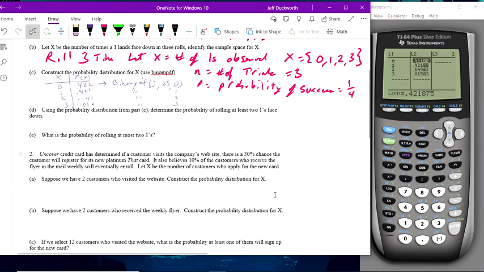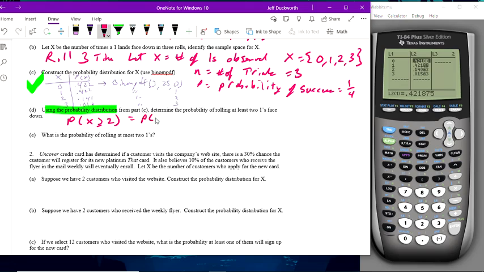All right. Part D, using this probability distribution. So I'm using what I've just created in part C. So this up here. Determine the probability of rolling at least 2 ones face down. So at least is greater than or equal to. So I want probability that x is greater than or equal to 2.